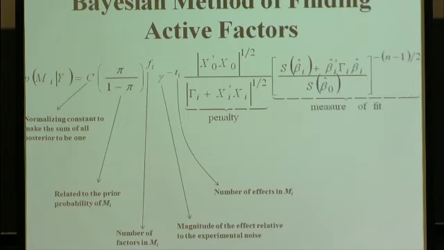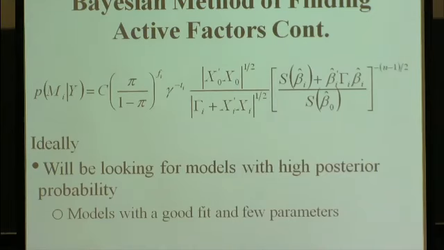And the last but one is a penalty for increasing the number of parameters in that particular model. So the models with high posterior probability will be the ones with a good fit and few parameters in the model. And that's what we are looking for when we are adjusting models to a specific data set.